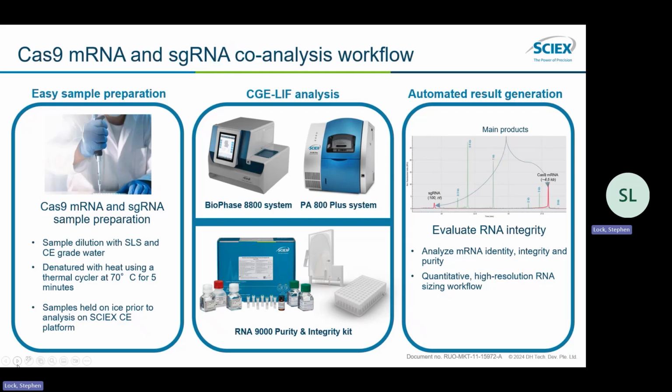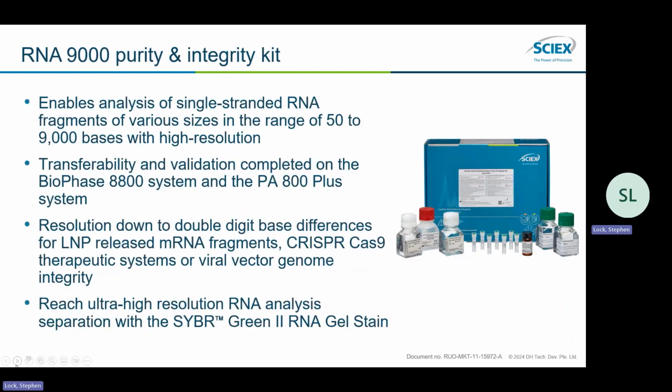We then denatured it with heat using a thermocycler at 70 degrees C for 5 minutes. The samples were then cooled down before analysis on the CE system. And again, by using a kit either on the P800+ or on a BioPhase, you can get the same type of separations, which is highly reproducible.